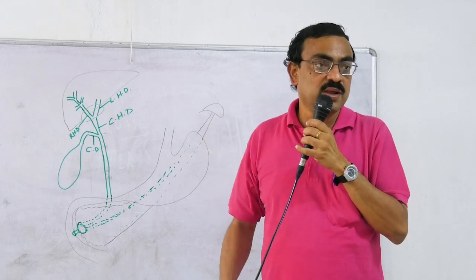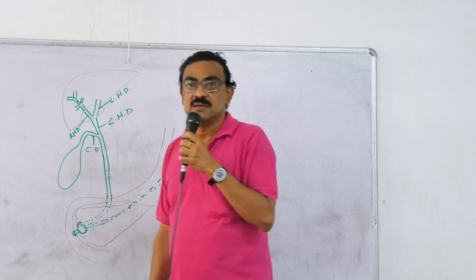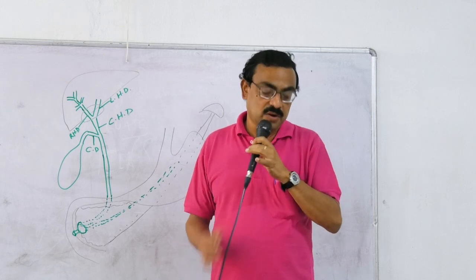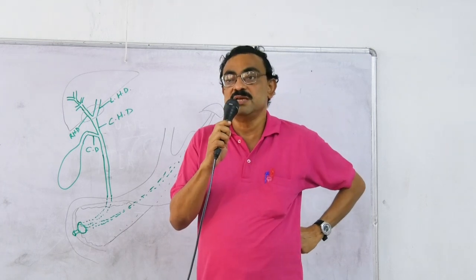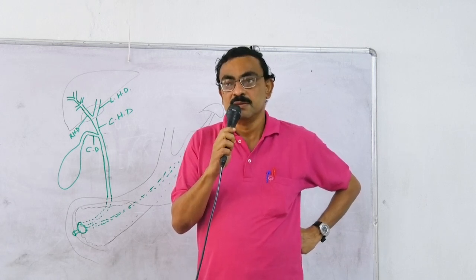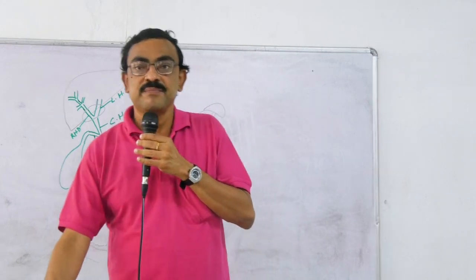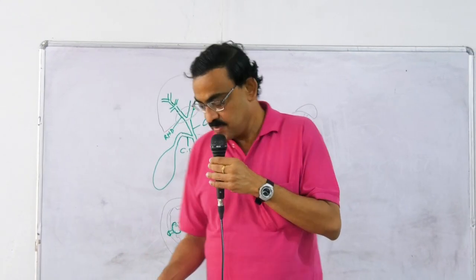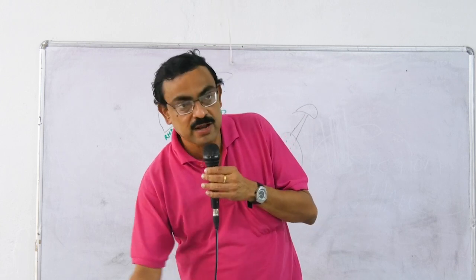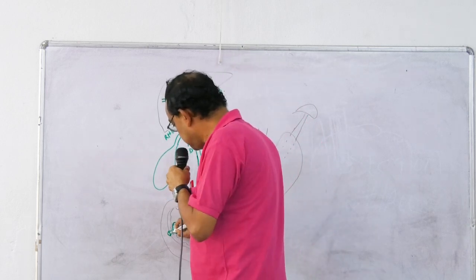Ampulla means any swelling. And that will open in the second part of the duodenum, or rather in the posteromedial wall of the duodenum. Okay. And it is guarded by one valve.